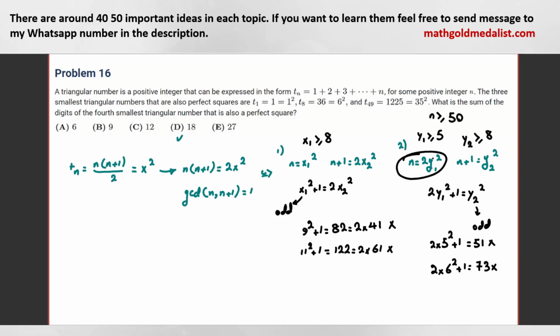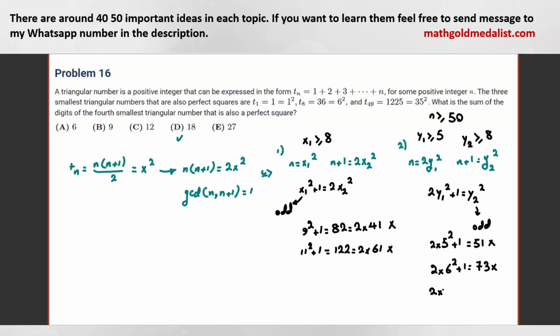Here, look, because n is 2y1 squared, we can say 2y1 squared is 72. We've checked up to 72. And on the other side, with x1 squared plus 1, we checked 11 squared, right? So we are checking numbers quickly.